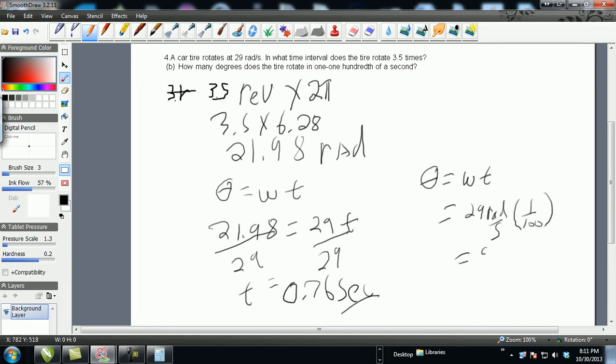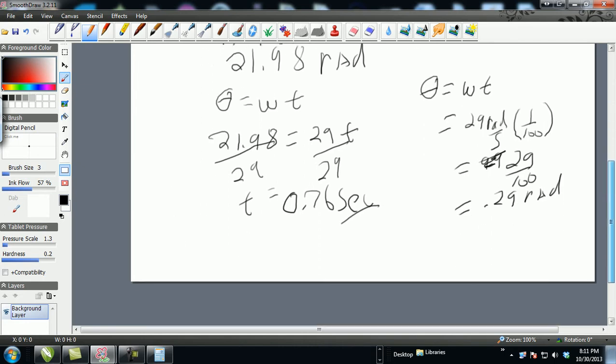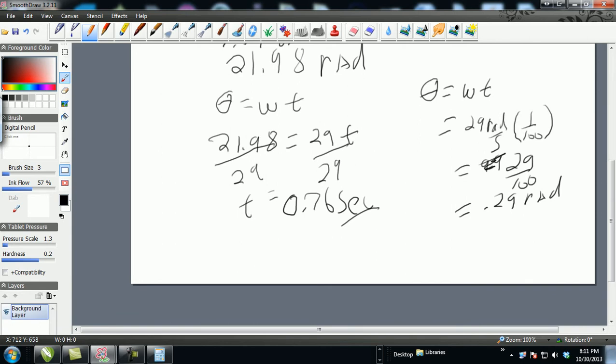So that's 29 divided by 100, which simply is 0.29 radians.